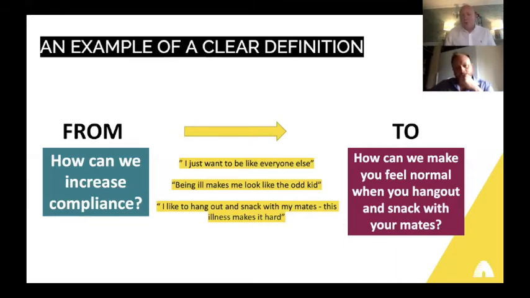If you feel normal in the context of taking your medicine, then compliance will increase. It will solve the problem that the project team had been given at the beginning. However, it is a much clearer definition of the real problem that you need to create a solution for.